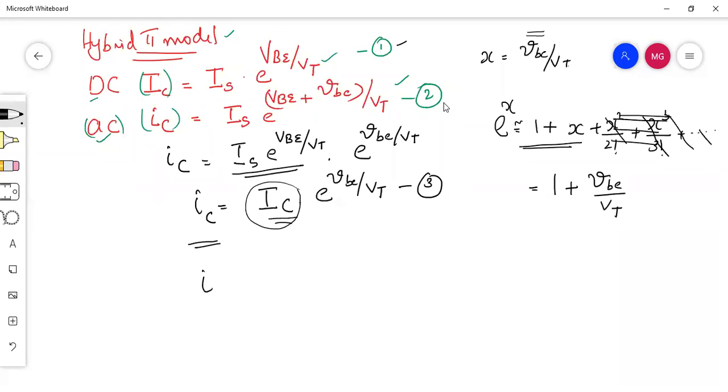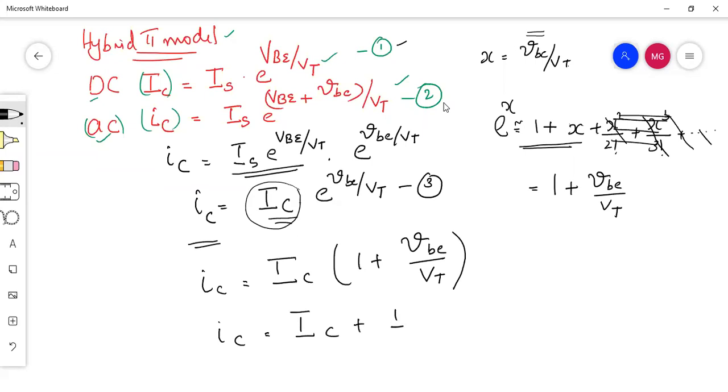So in this equation I can replace small iC as capital IC into 1 plus small VBE by VT. Again, I can rearrange this equation: bracket opening, IC plus capital IC into small VBE by VT.